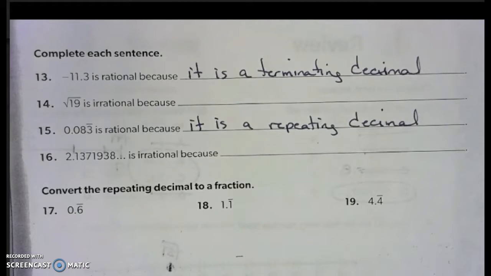Now number 14 wants to know why the square root of 19 is irrational. Several different answers here. If you put it in your calculator, your numbers go on forever. Okay, it's random and it goes on forever.